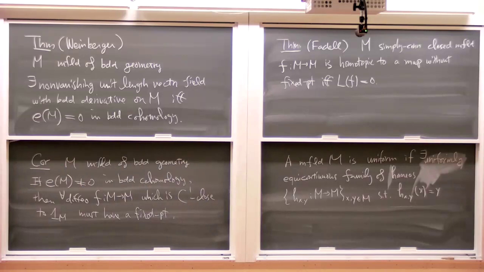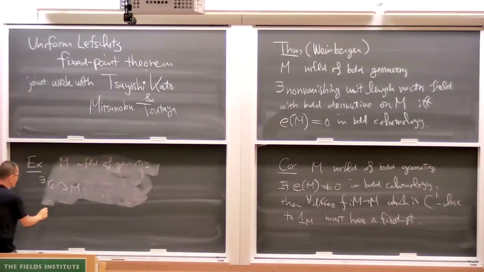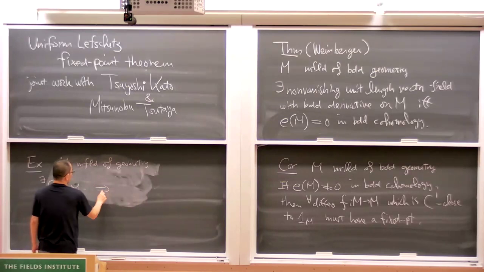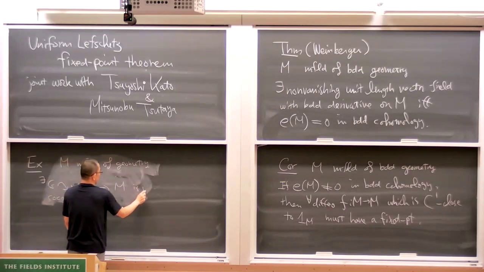So for example, if M is a manifold of bounded geometry, and there is a cocompact action of a group G on M, where G is discrete, then we can prove that M is uniform.